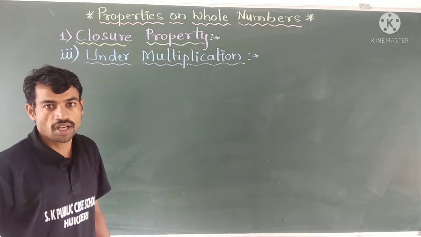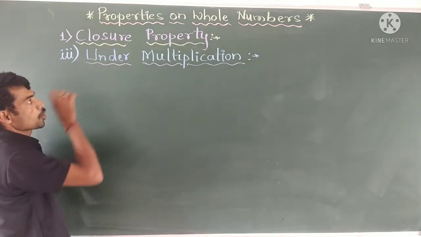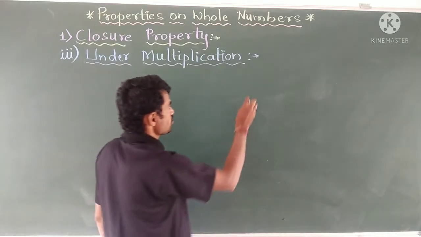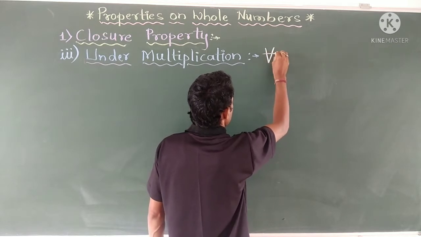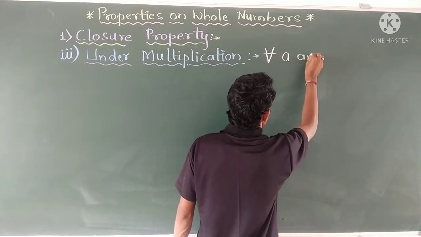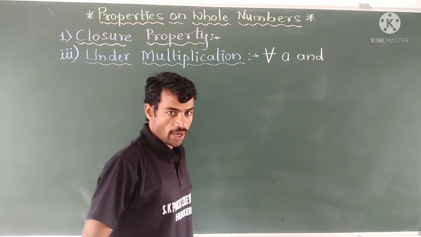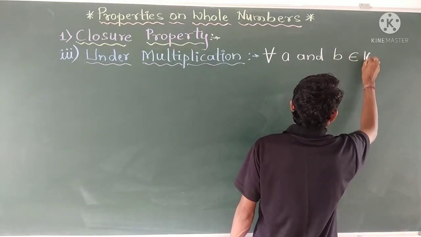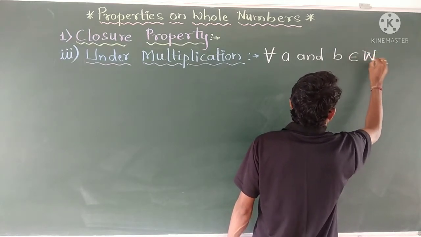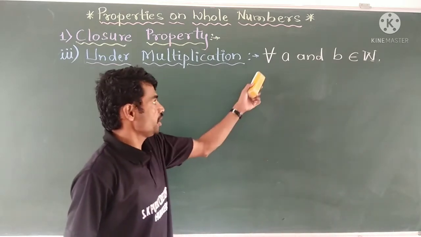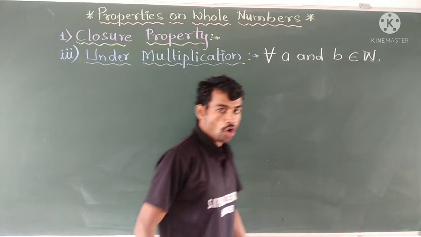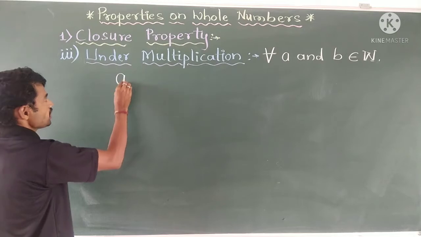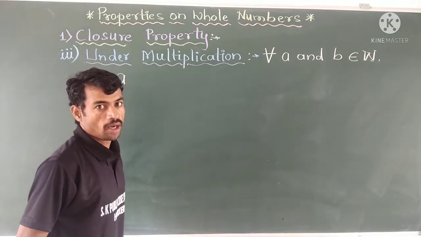So we have to see the general formula for the closure property of whole numbers under multiplication. What is that general formula? For every a and b, any two whole numbers, that is, for every a and b belonging to W, the set of whole numbers, the operation here is multiplication.